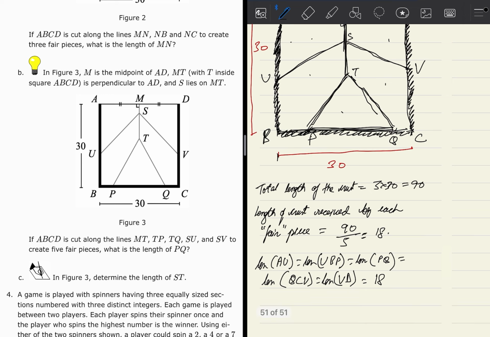So each of them gets a length of 18 worth of crust each.